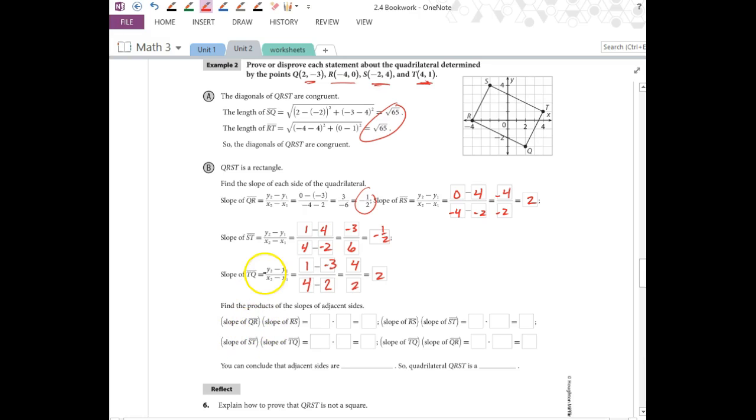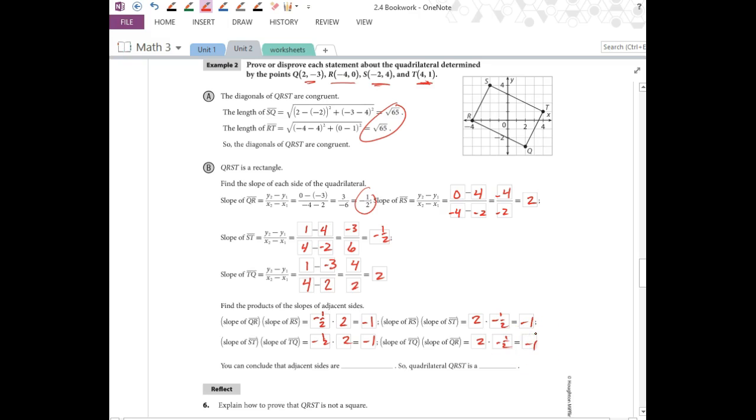Okay, so QR slope is -1/2, and RS is 2, so that equals -1. Okay, so can I go through this fast? 2, -1/2, -1. ST, -1/2, QT. Hopefully you can see that we're getting to the same spot.